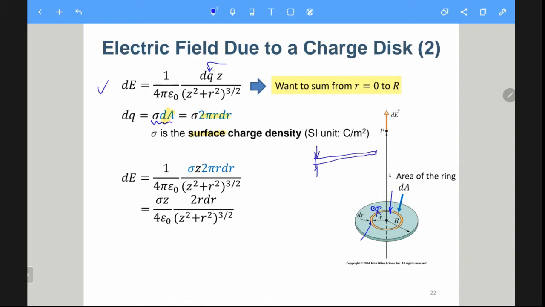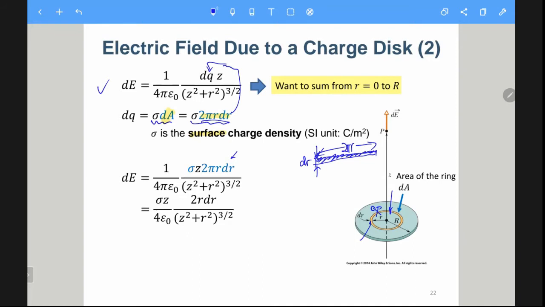The height is dr, and the width will be 2 pi r. So the area of this ring after expanding it will be like this. So we can just substitute this part into here. So we get this one.